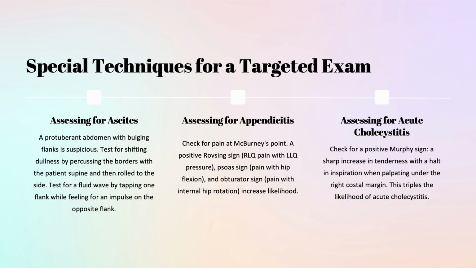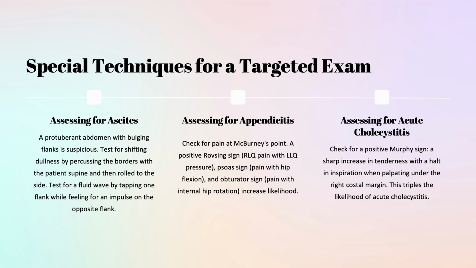A patient may also have a positive Rovsing sign. Rovsing sign happens when the patient experiences right lower quadrant pain when the examiner applies left lower quadrant pressure. So take note, you apply pressure on the left side, but the patient feels the pain on the right side, right?